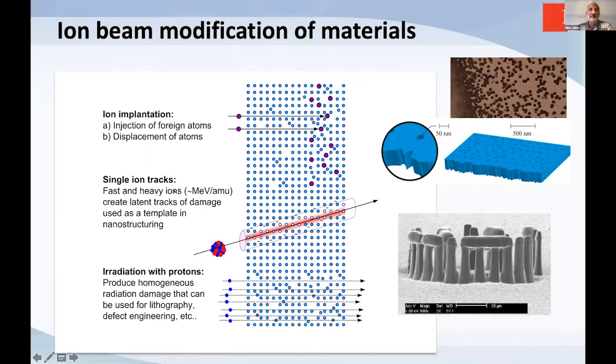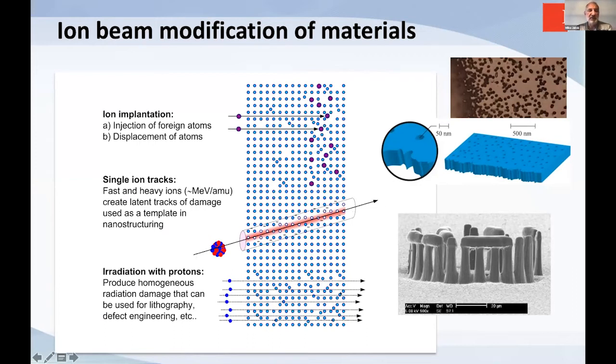Then, if you have very high energy ions and they are heavy, they create a huge trajectory full of defects. And these defects can then be used to create, for instance, nano holes, or with a negative resist, you can fill these holes with some metal, so make nano needles or nano helices or something like that.